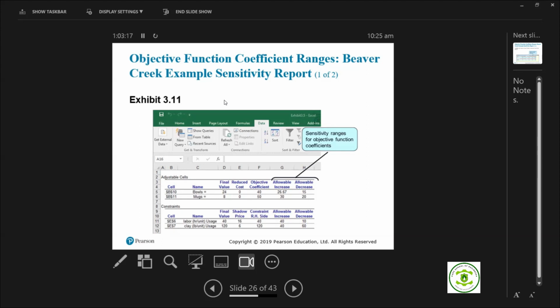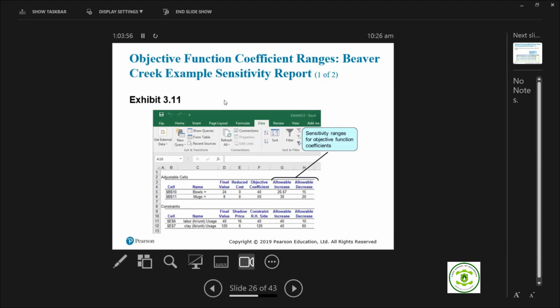If any value lies outside this range, in other words, if profit per bull falls outside the sensitivity range, then 24 bulls is no longer the optimal solution. We have to resolve the problem.